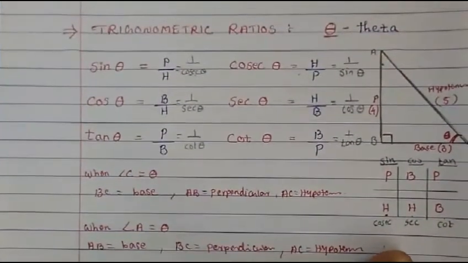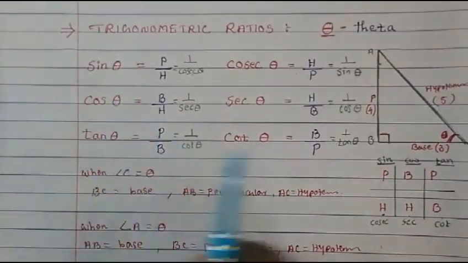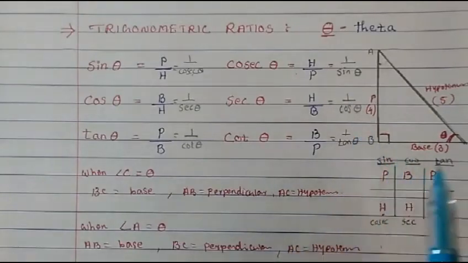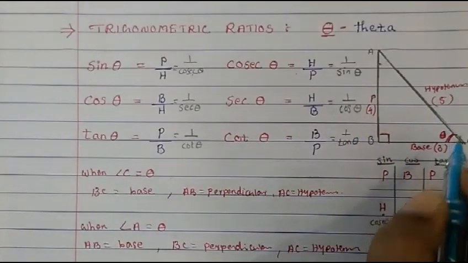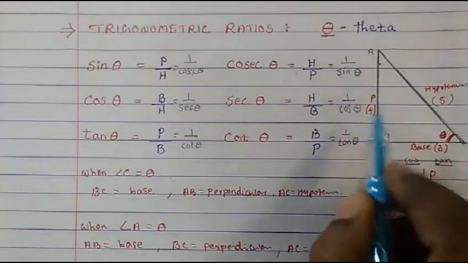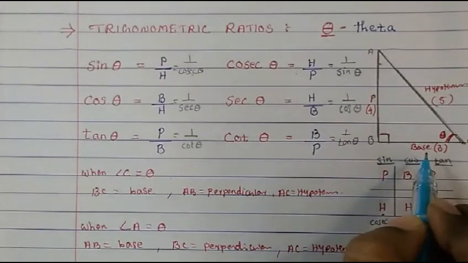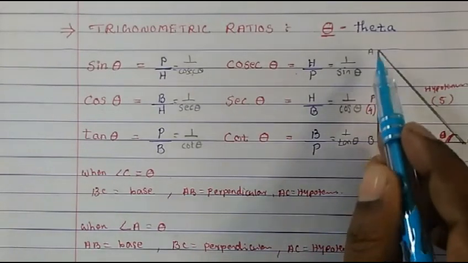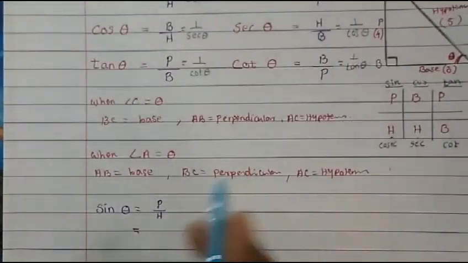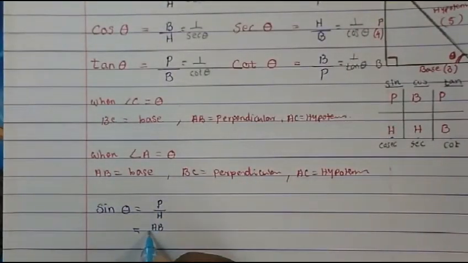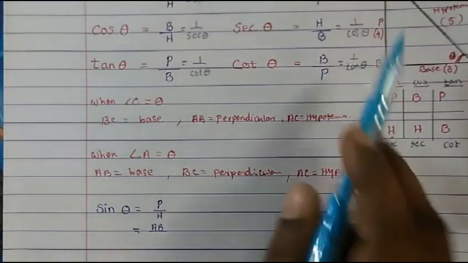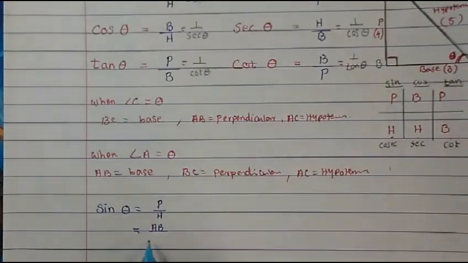Now what is my perpendicular? I told you, perpendicular and base depend upon the theta. If this is the theta, opposite to theta is my perpendicular, and the other side becomes the base. So perpendicular is AB, and hypotenuse is AC.